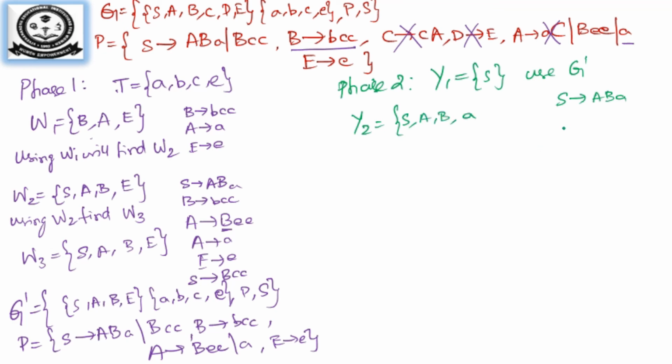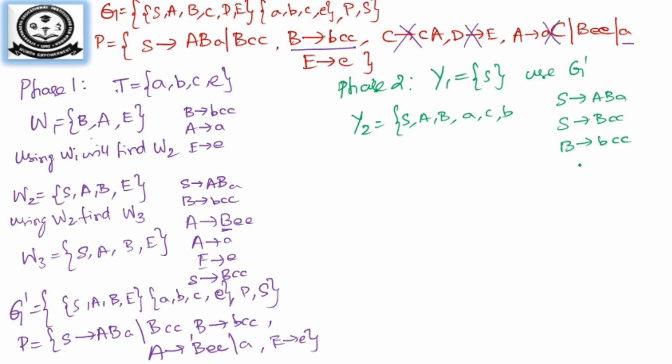The second production is S tends to BCC, so you have B, only C should be included, C is included. Then next one is B tends to BCC, so you will have small b, B is also there in my set, right?